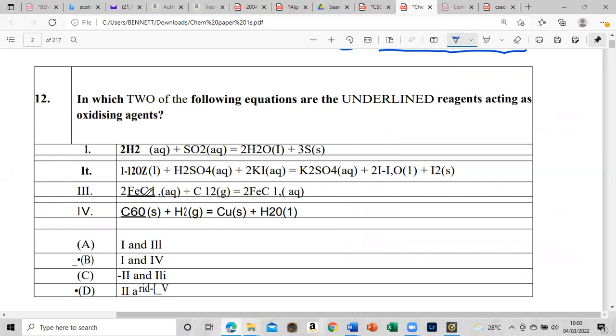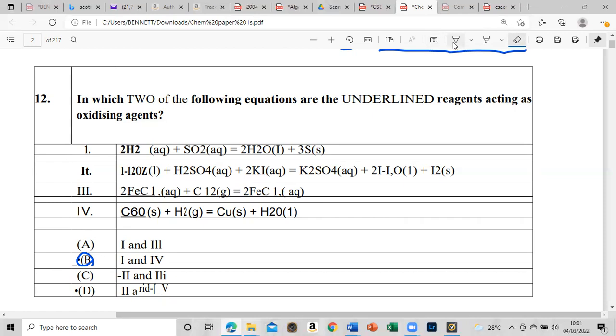Copper, iron, and so it will be 1 and 3. So number 12 would be B. Let's erase this. So it's not 1 and 3, it would be 1 and 4.